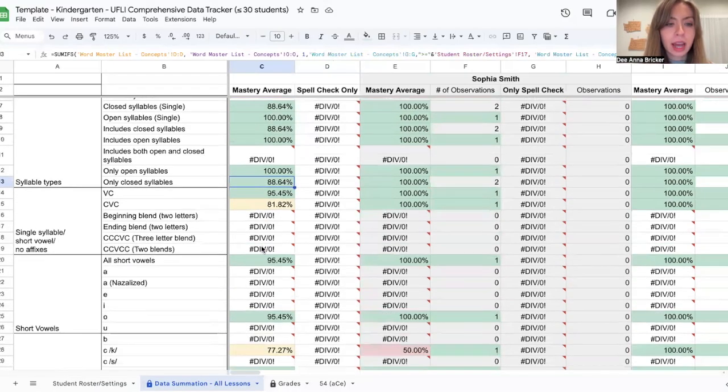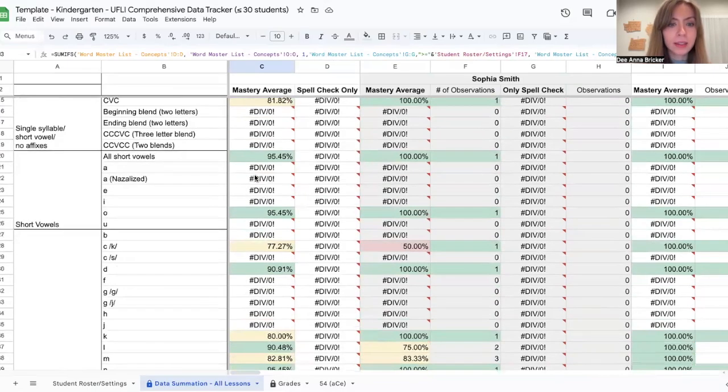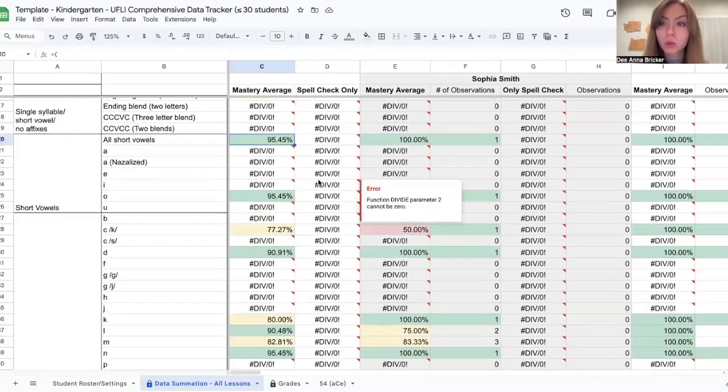The challenge is when I get into some of these things that are more ambiguous. So again, syllable types would be the same thing. That'd be like short vowels, any of my individual sounds that are combined with other sounds to make a word.